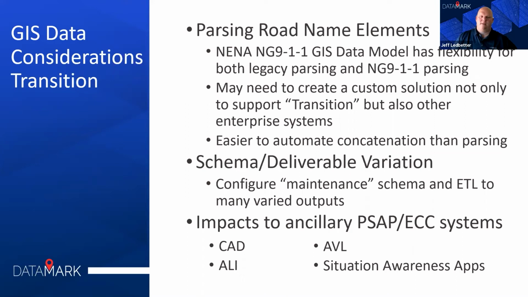You may want to export your road centerlines along with specific attributes that have nothing to do with 911 into that pavement management system, but maintain them in one geodatabase and just have exports out to those. That's what you can do and automate with those extract, transform, and load automations.